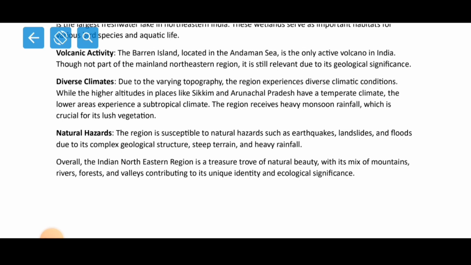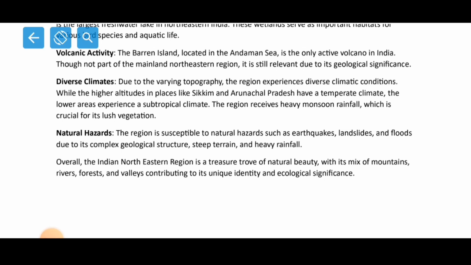Now let us see natural hazards. The region is susceptible to natural hazards such as earthquakes, landslides and floods due to its complex geological structure, steep terrain and heavy rainfall. Now it says that natural hazards may take place very easily in these hilly areas. Why? Because the areas have huge valleys, huge mountains, huge hills, plateaus, right?